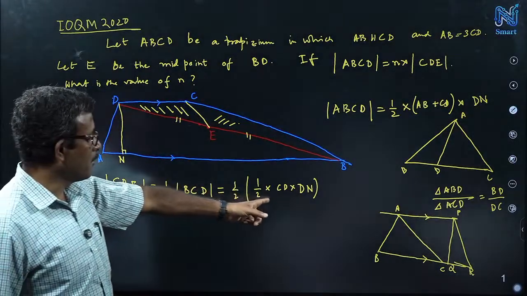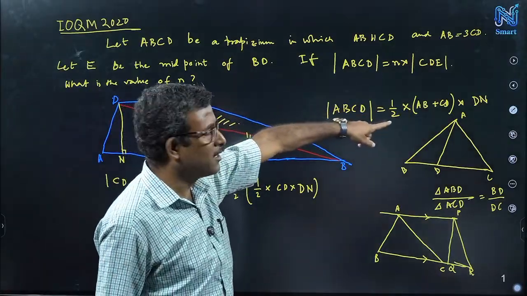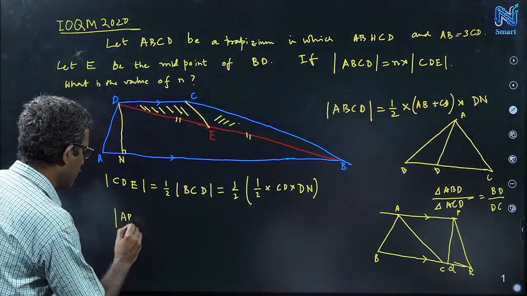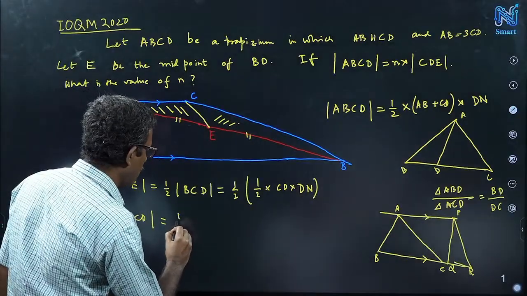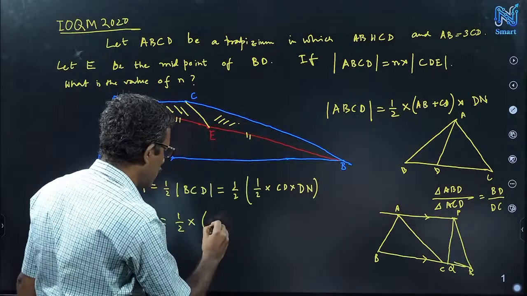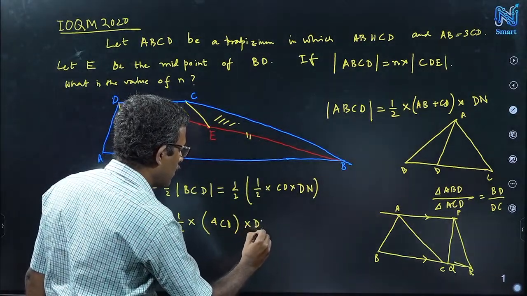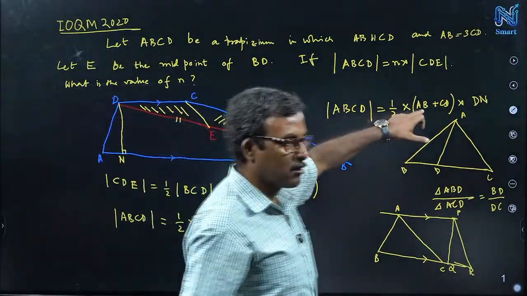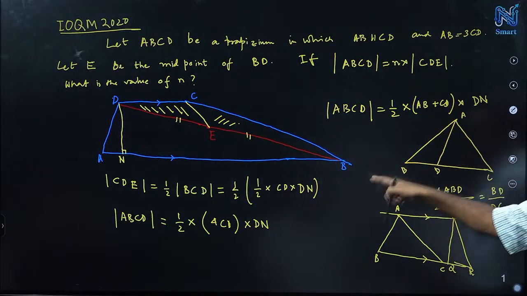Now we can easily find from this. AB is 3 times CD. That means the area of the trapezium is half into, this is 3 times CD, so it is 4 CD, 4 CD into DN, right? So AB is 3 times CD, so the sum is 4 CD.